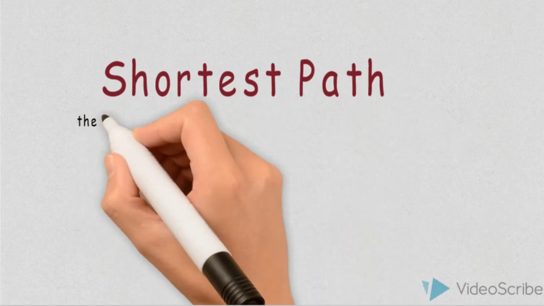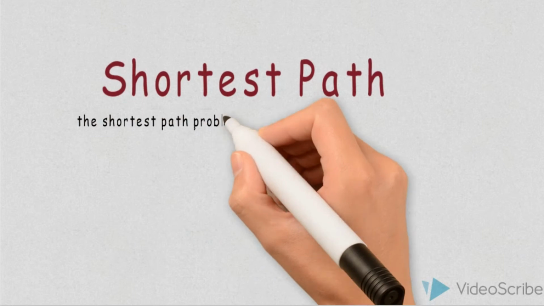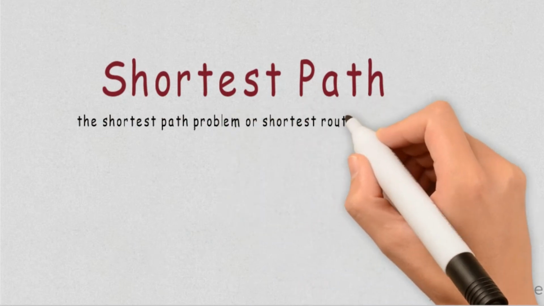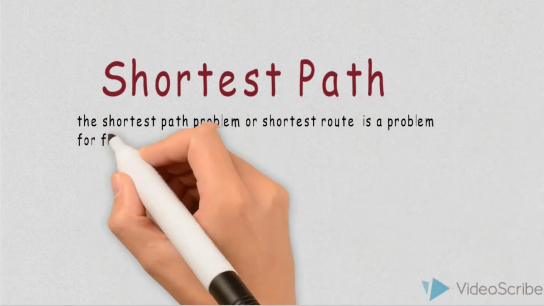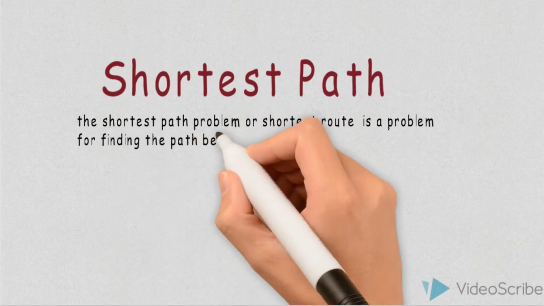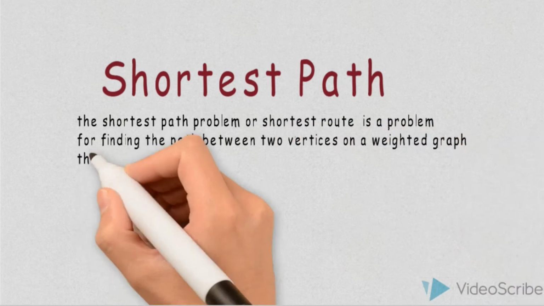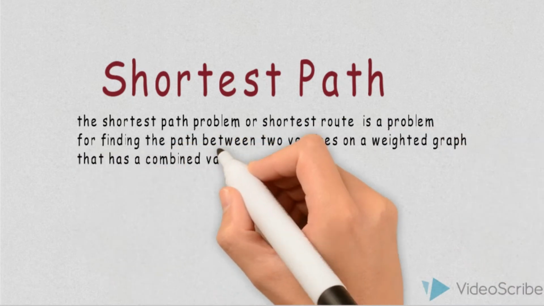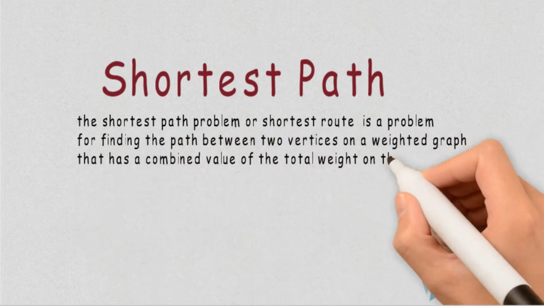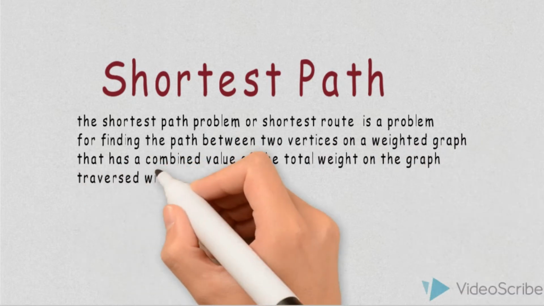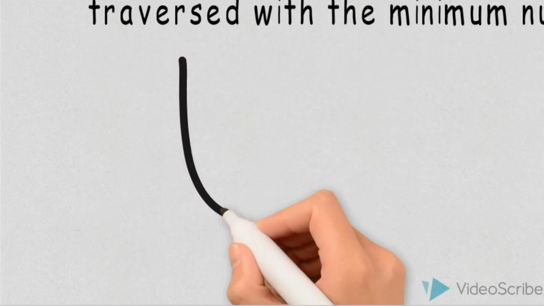Shortest path. The shortest path problem, or shortest route, is a problem of finding the path between two vertices on a weighted graph that has a combined value of the total weight on the graph, traversed with the minimum number.